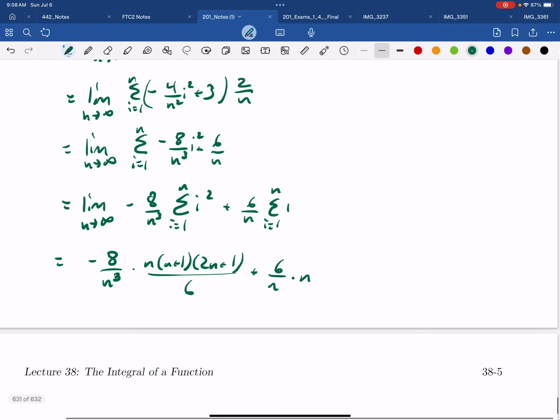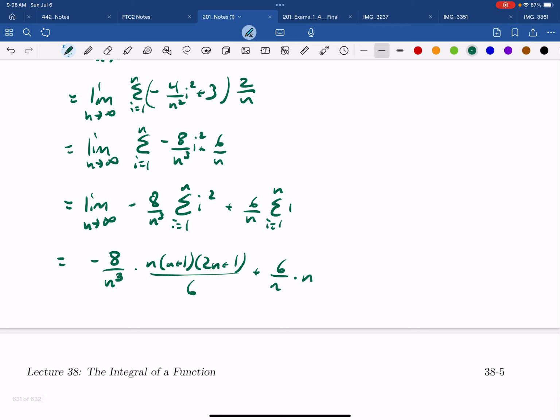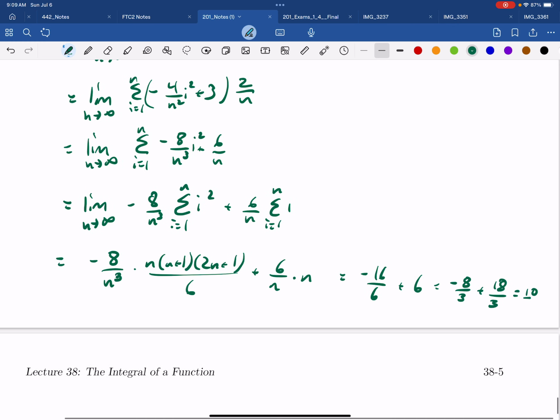And this winds up equaling negative 16 over 6 plus 6, which is negative 8 over 3 plus 18 over 3, which is 10 thirds.